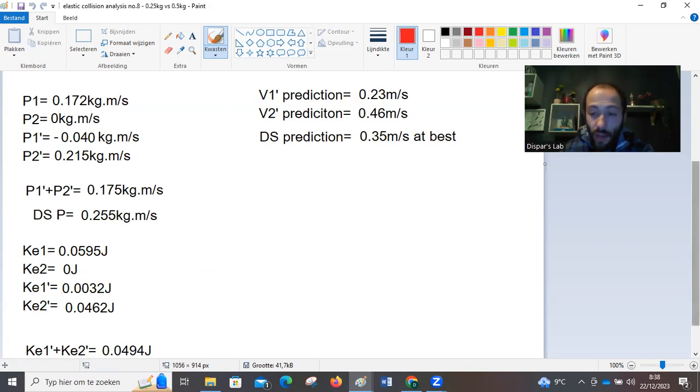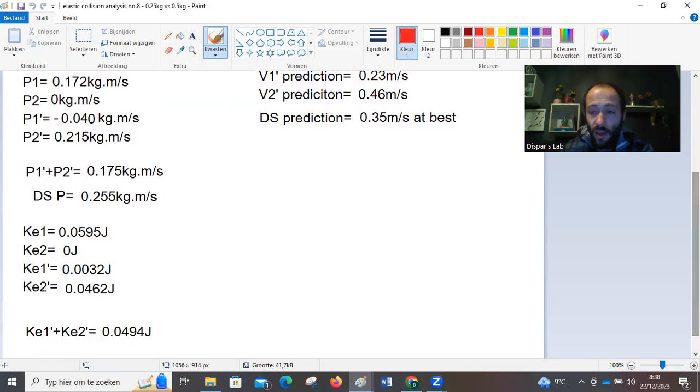If we add those together, because kinetic energy is a scalar, then we have 0.0494, and the total initial amount of energy was 0.0595. So we have lost some energy, and it does make sense that we have lost energy.